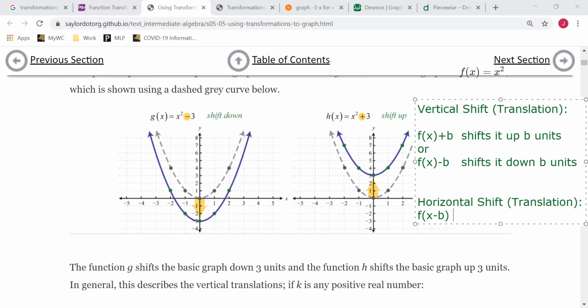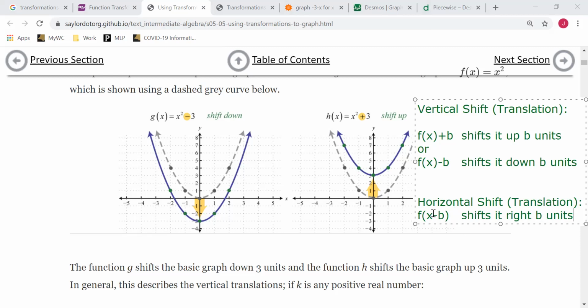And then it also has a weird other effect: if I subtract from the x term and then apply the rest of the function outside of it, it's going to shift it to the right b units. To the right, but I subtracted something. Going to the right is like going the positive direction.